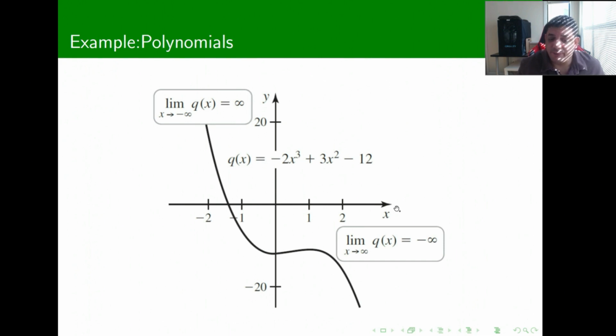Turns out that if I move to large positive numbers, like 1 million, 2 million, 30 million, then this is actually going to become negative, and it's going to go to minus infinity. You can see that here. But if I take a large negative number, minus 1 million, minus 30 million, then this is actually going to become a positive number. And so this polynomial is going to go to infinity.